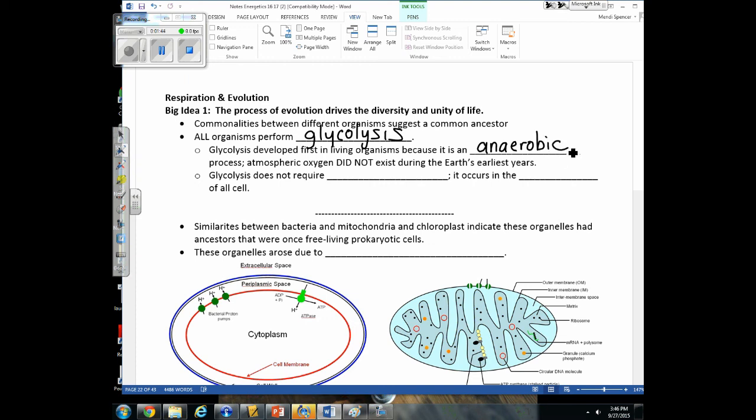So this process could have developed during the Earth's early history, whereas oxidative phosphorylation wouldn't have developed early in the Earth's history simply because the Earth did not contain atmospheric oxygen. We also know that glycolysis does not require mitochondria, and the Earth's earliest prokaryotic cells would not have possessed mitochondria, and it occurs in the cytoplasm.